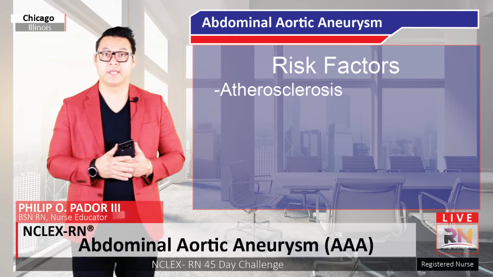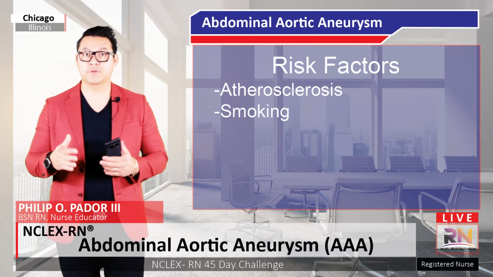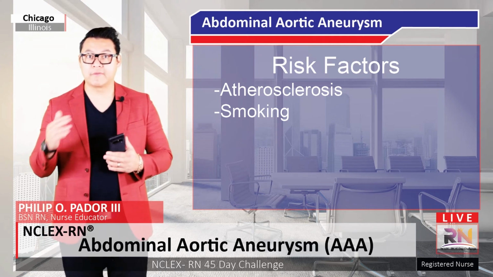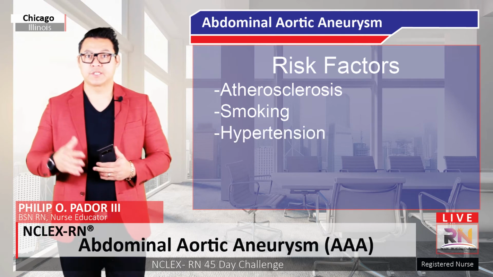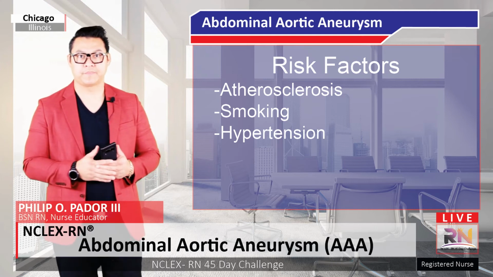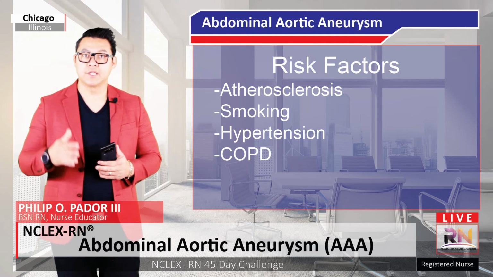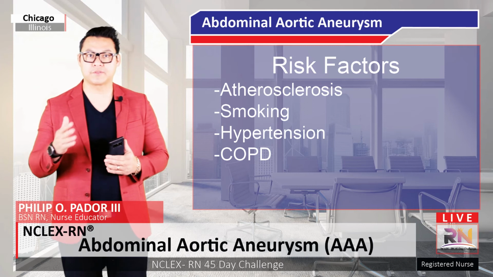Second is smoking. That's a huge risk factor, particularly because it contributes to atherosclerosis, and partially because it directly damages the walls of your arteries. Third is hypertension, so pathologically high blood pressure. Fourth is COPD, chronic obstructive pulmonary disease, and let me draw some attention to this.